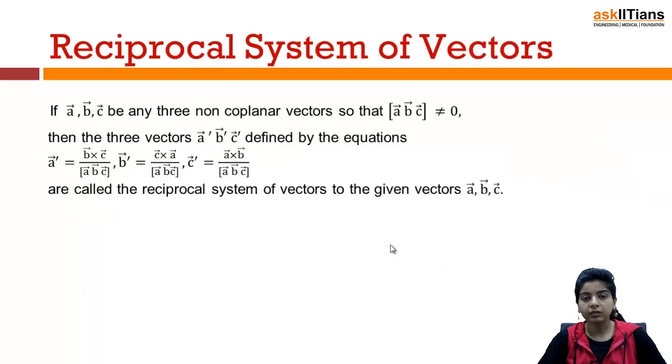We'll be discussing some properties also, and then we'll switch to some examples based on these concepts, that is scalar triple product and vector triple product. Now we have the reciprocal system of vectors.